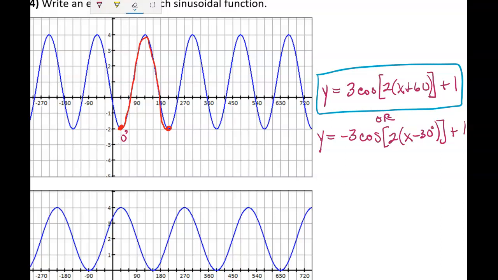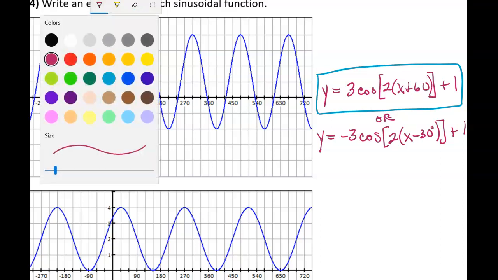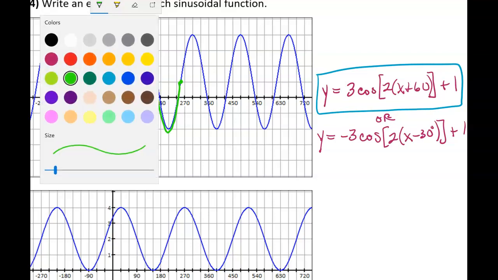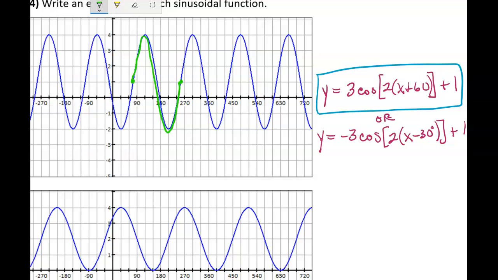Suppose another classmate said, hey, I want to do this just a little differently because I want to express my individuality, and I want to do this as a sine function. So they start here and end here, and we have a sine function. Now that's a right side up sine function, so that means our 3 is going to be positive. But this time, our phase shift is also going to change.